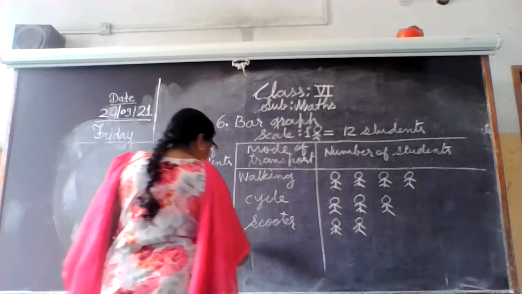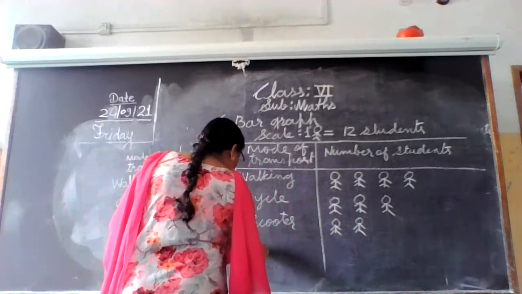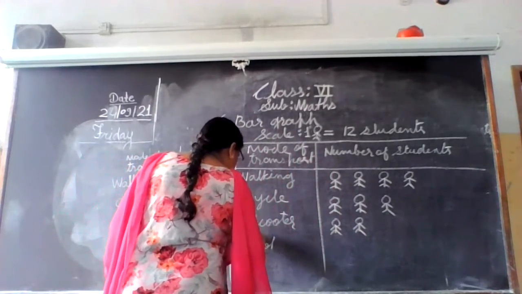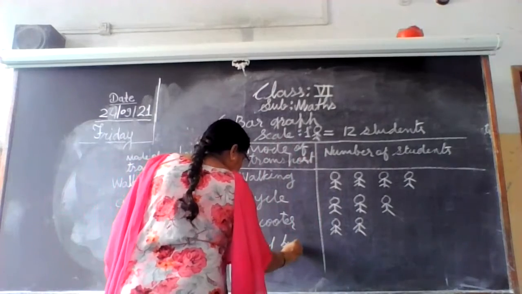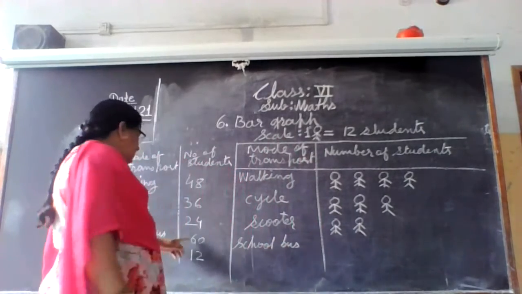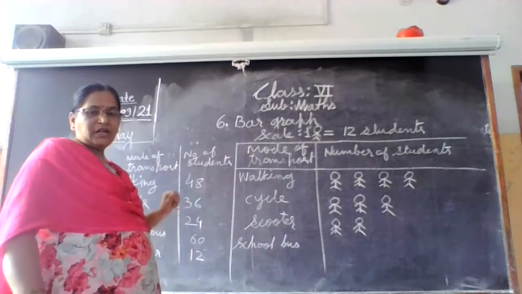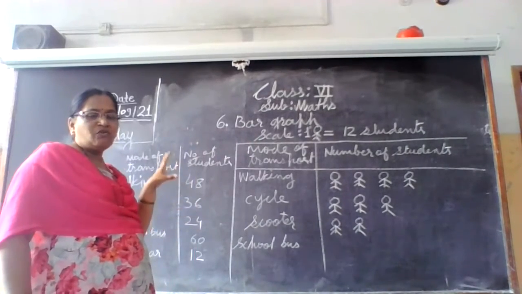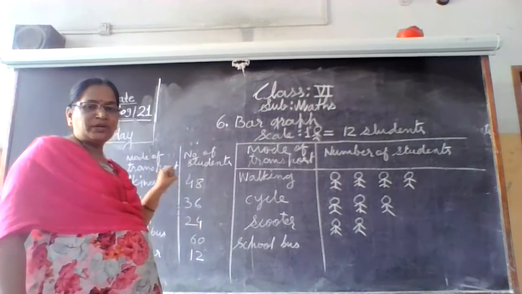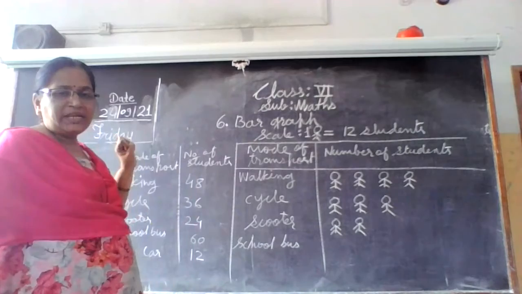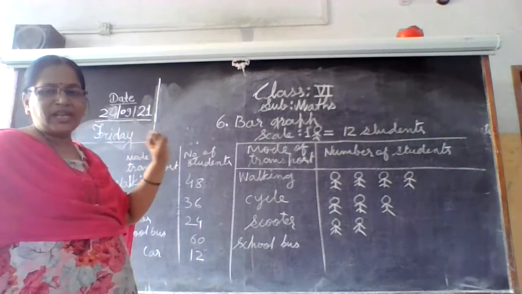School bus. So how many students wait for school bus to come? 60. 60 divided by 12 means you have to draw 5 symbols, and each symbol represents 12 students.